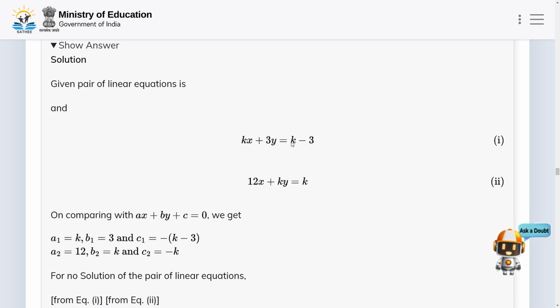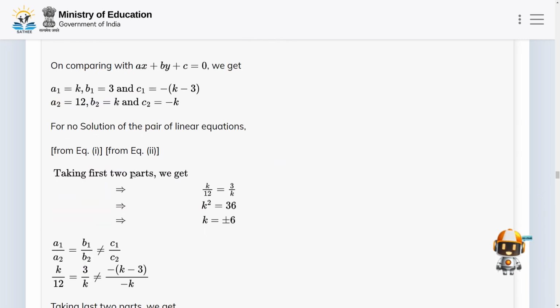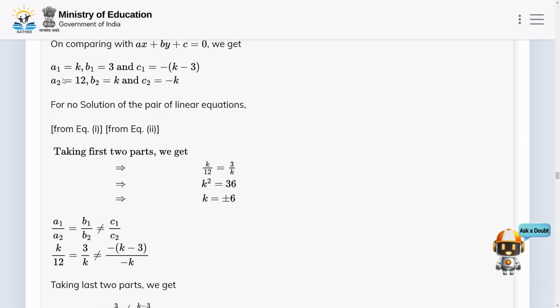So now if we compare this pair of linear equations with the general form of pair of linear equations, that is a1x plus b1y plus c1 is equal to 0 and a2x plus b2y plus c2 is equal to 0, then here a1 is equal to k, b1 is equal to 3 and c1 is equal to minus k minus 3, and a2 is equal to 12, b2 is equal to k and c2 is equal to minus k.